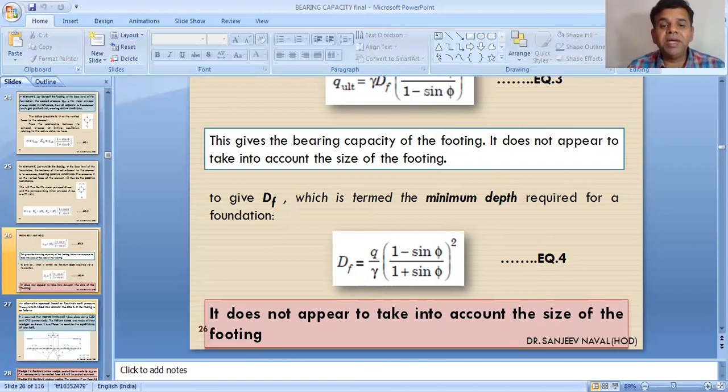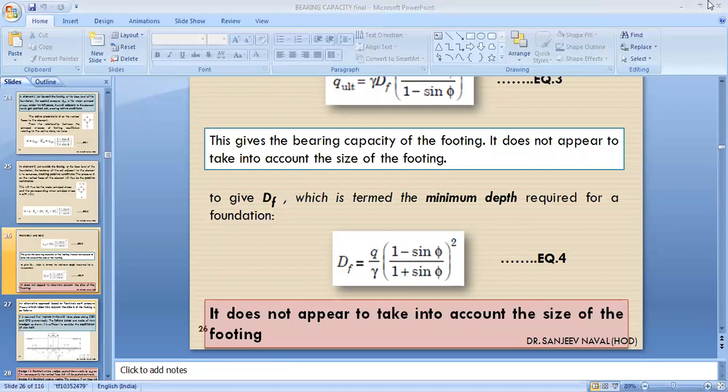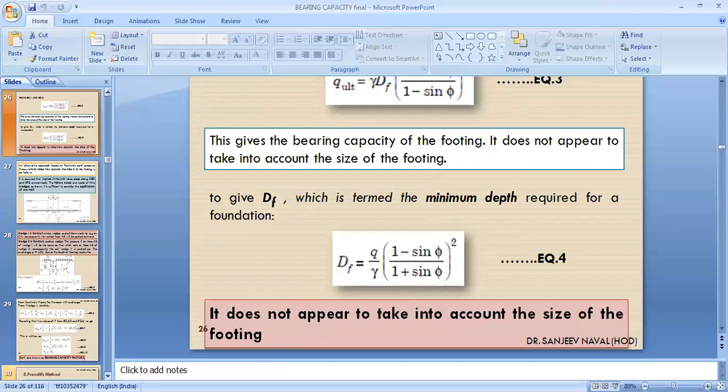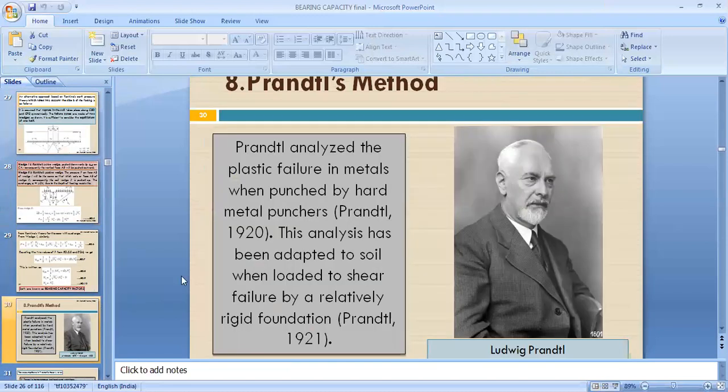This Rankine's method was taken forward by Prandtl as well as Terzaghi's theory for determining the ultimate bearing capacity of soils. We'll listen right now. Now, Prandtl made an analysis of some of the soils.